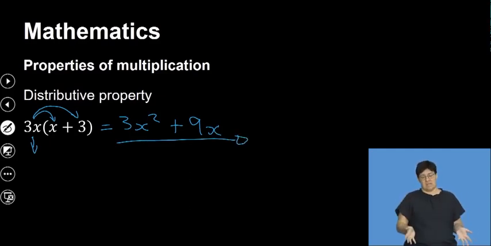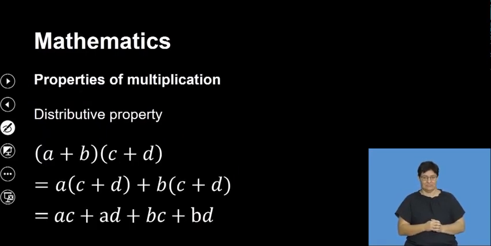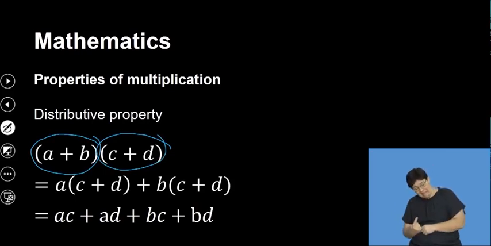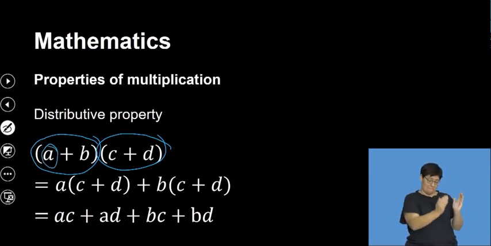Remember when you started doing maths long time ago, we spoke about like terms and unlike terms. These are unlike terms, so I will just leave them the way they are. Now also, if we are talking about a binomial multiplied by another binomial, firstly, you will take the first term in the first binomial and distribute it to all the terms in the second binomial.